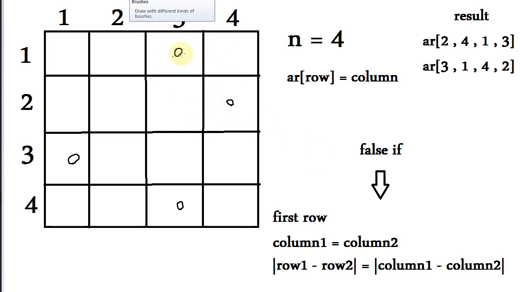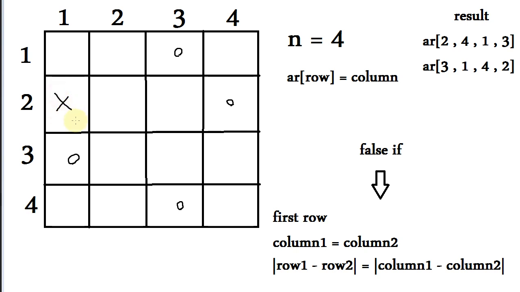And then from here we go to the next row. Start from the first index.